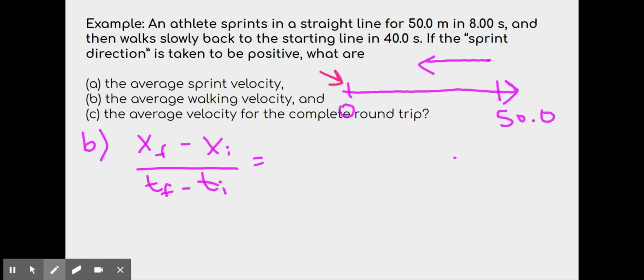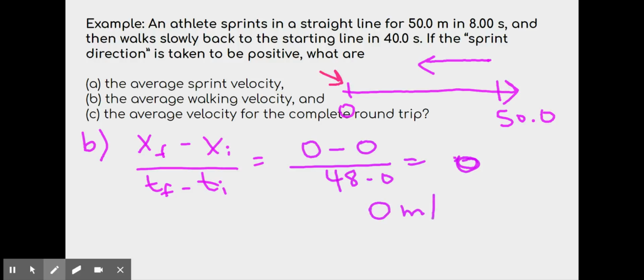And at the very end, the athlete returned there. That means our total displacement is 0. So our total time is 48. And we know that initial time was 0, but our answer is going to be 0 here because we have a 0 on the top. So that average velocity for the round trip is 0 meters per second.